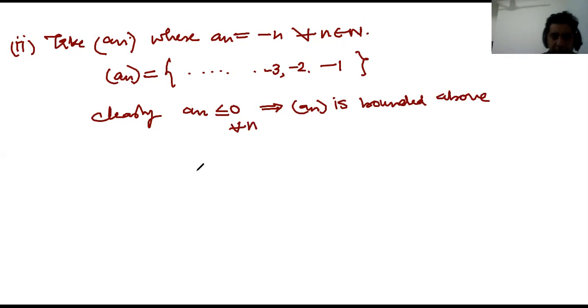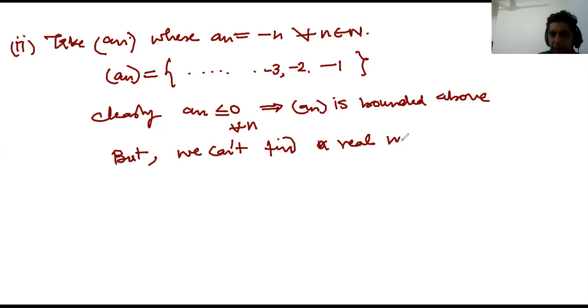But also, we cannot find a real number h such that h is less than or equal to an.